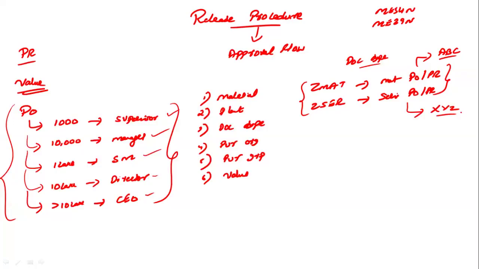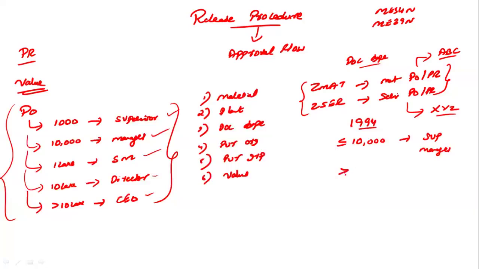And he also tells that this should happen only for one plant. So he tells that only for this plant it should be valid. For other plants, we have other persons. Okay. And he says that whenever the value is less than or equal to 10,000, it should go to supervisor and manager.